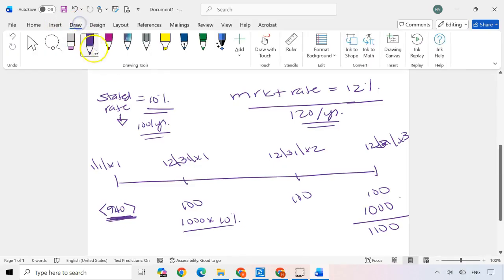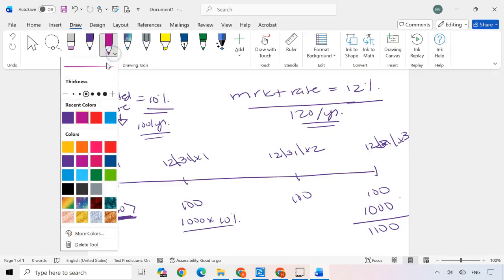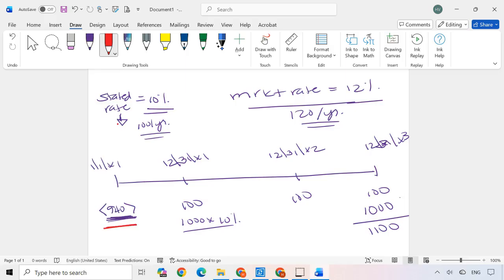So essentially, I gave them $940 at the onset, and they're going to give me $1,000 at the end of it. That means I have purchased this bond at a discount.